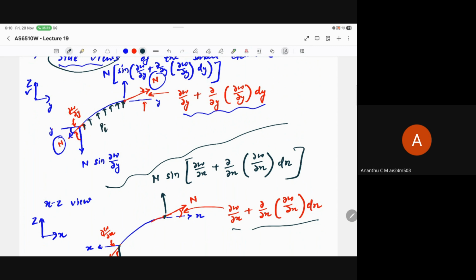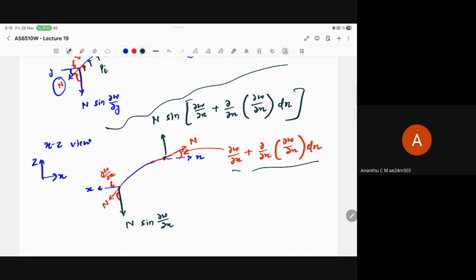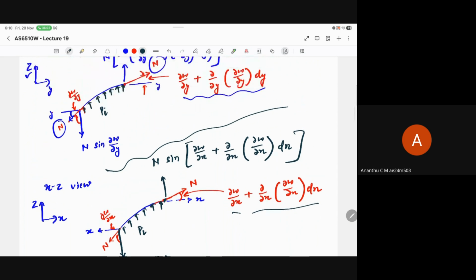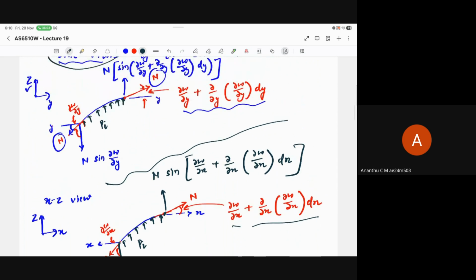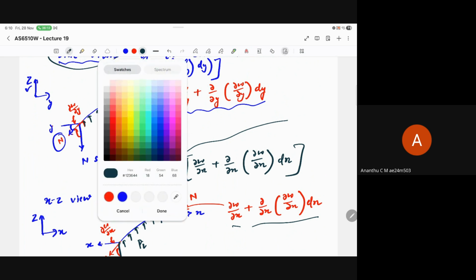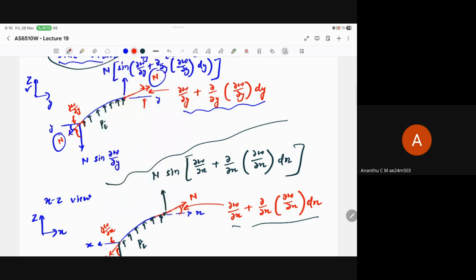This is the Pi, and similarly we'll have this P. This is Pi. Okay, and dimension wise, take this as the YZ plane.